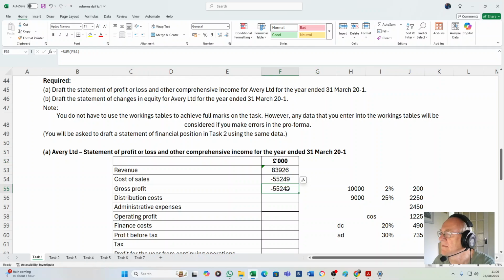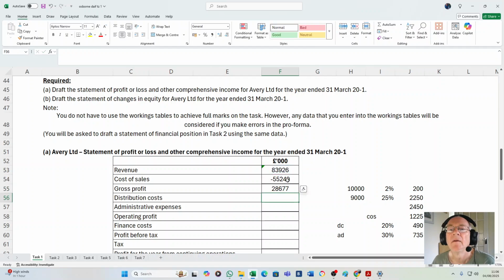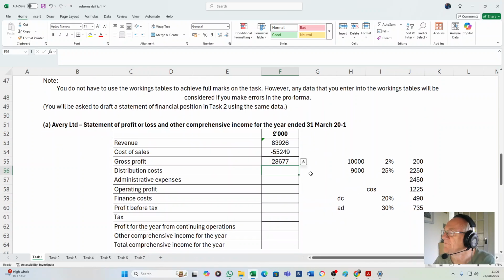Hello, what's it doing? In fact, it's not times. Third time lucky, or fourth time lucky, or whatever it was, I lost count. There's our gross profit figure. Not quite sure what my computer was doing there. Blame Microsoft. Then we've got our distribution costs.